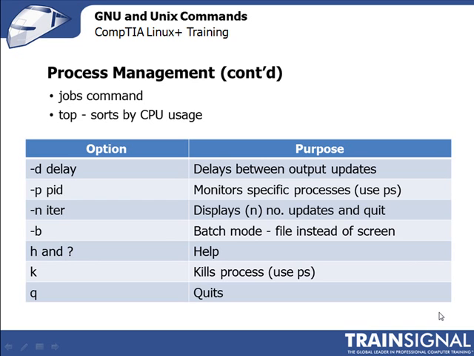The next, and one that I use more often, is the top command, which logs CPU usage. It takes the info from ps and sorts by the programs using the CPU the most.